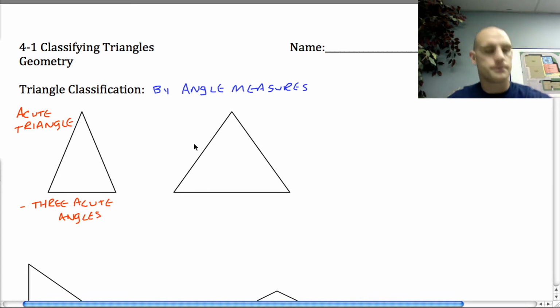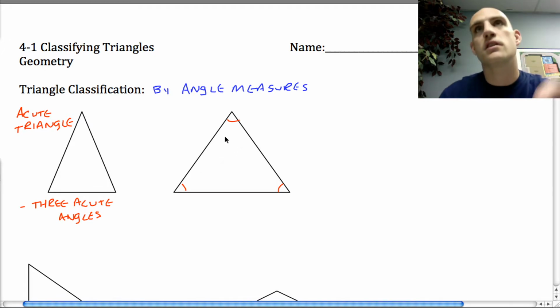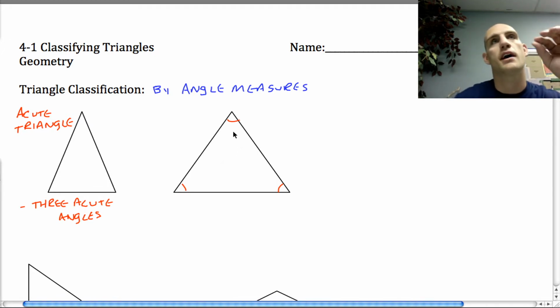And in the second one, part of what we're going to do here is I'm going to give you a little bit more info. And a triangle like this is going to be marked in 3 ways. It's going to have 3 distinct angle measures. Now they're all going to be the same, but they're marked as the same with these arcs.